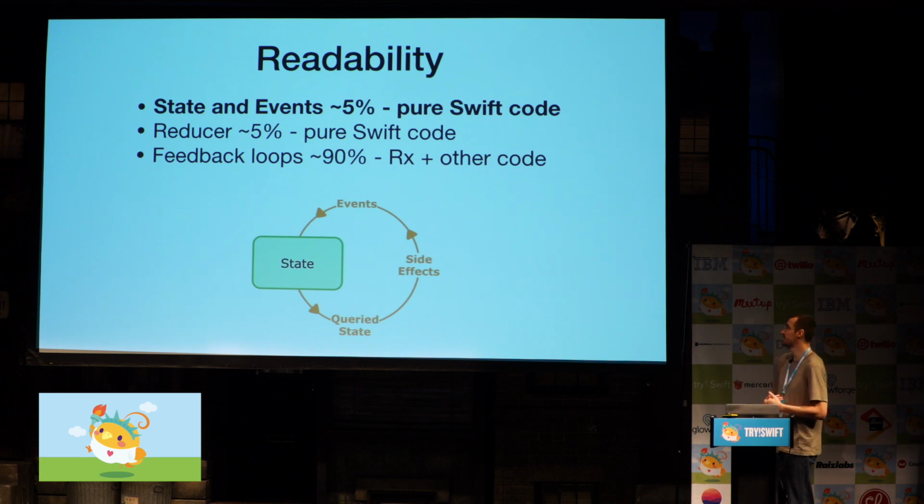I spend probably 90% of my time reading someone's code, so this is extremely helpful. I only need to study 5% of the code, and I know everything it's doing. And feedback loops are basically the other 90%, because you have a bunch of boring boilerplate code where you need to map to UI, and write adapters for networking and things like that. But those are implementation details you usually don't care much about. And you can easily find where the feedback loop is that performs the effect you need.